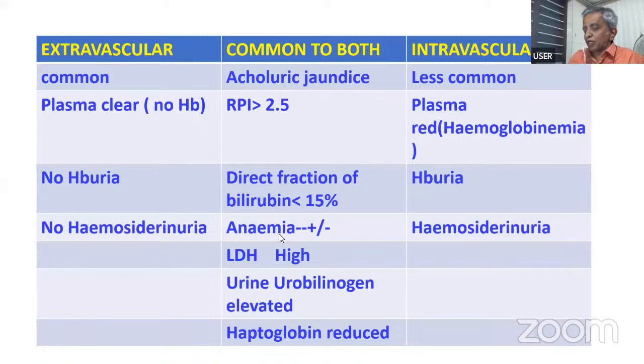Sometimes there may not be anemia if the hemolysis is compensated. When I say compensated, the rate of lysis is equal to the rate of production by the bone marrow. Such situations also we have seen. Therefore, in such a situation where you have compensated hemolysis with hemoglobin being normal, you will never suspect hemolysis.